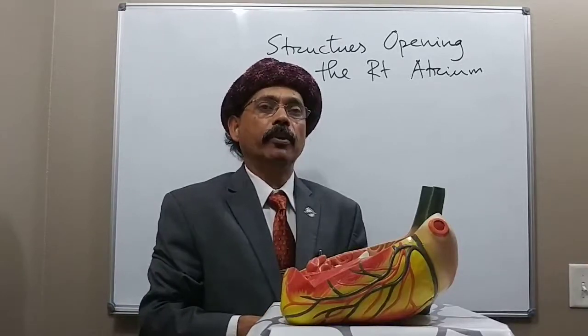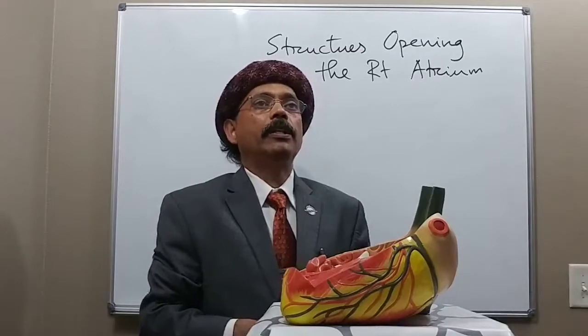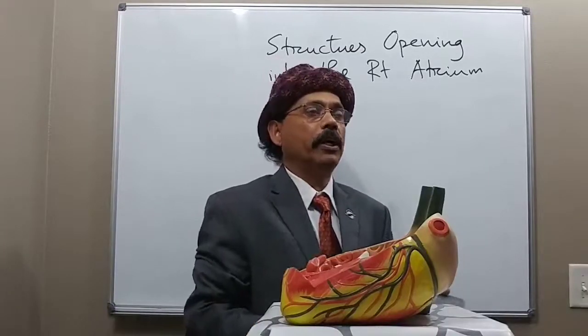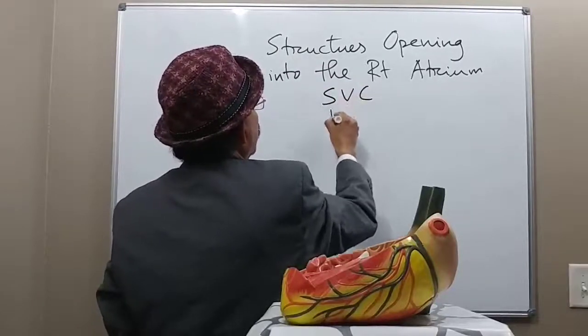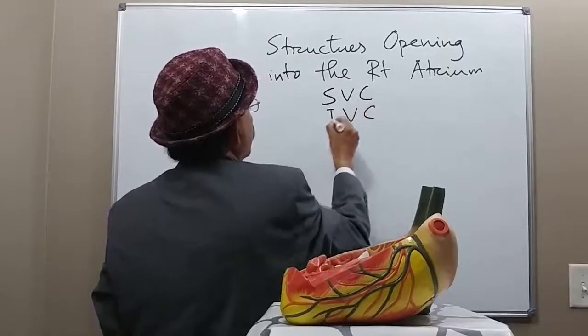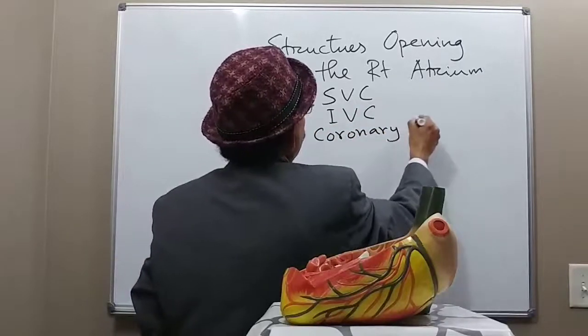Superior vena cava opens into the right atrium. Inferior vena cava opens into the right atrium, and the coronary sinus opens into the right atrium.